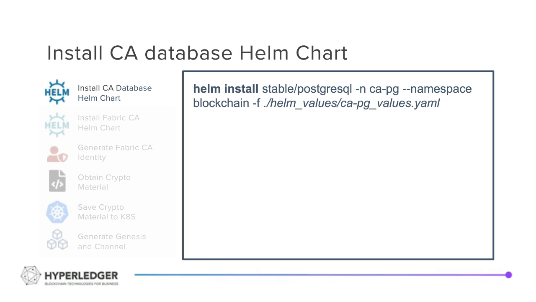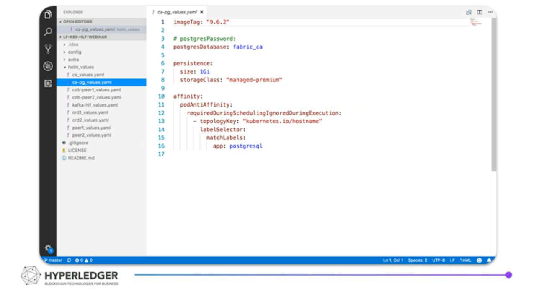Cool. So here is the actual values file that we use for deploying the PostgreSQL server chart. We start by defining what PostgreSQL image version we want to use. In this case, it's 9.6.2. We also auto-generate a strong password using the chart, and we specify that it has a database called Fabric CA.